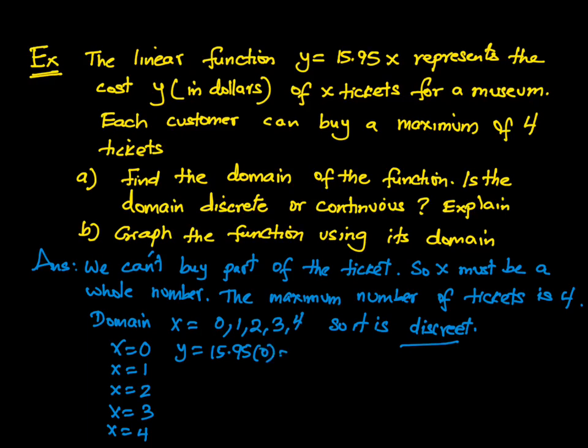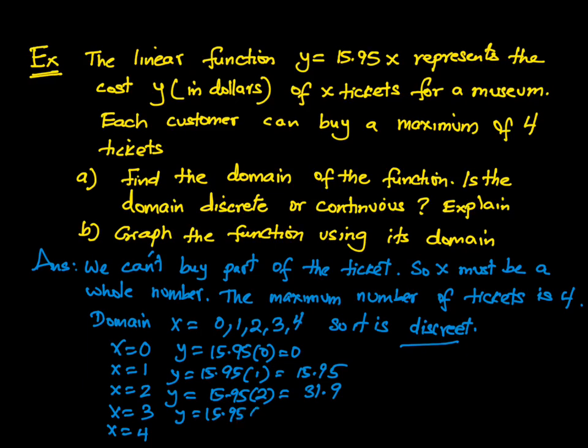So 15.95 times x: 15.95 times 1, 15.95 times 2, and then 15.95 times 4. And then we plot those points.